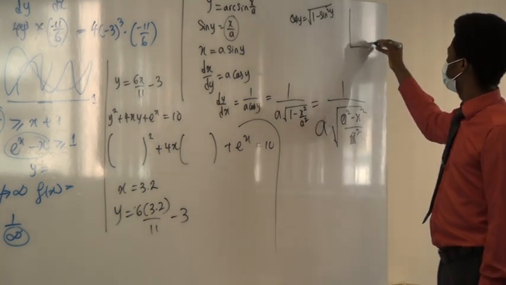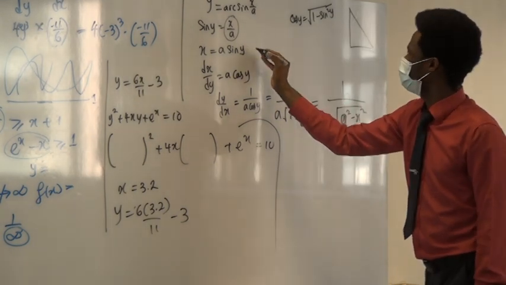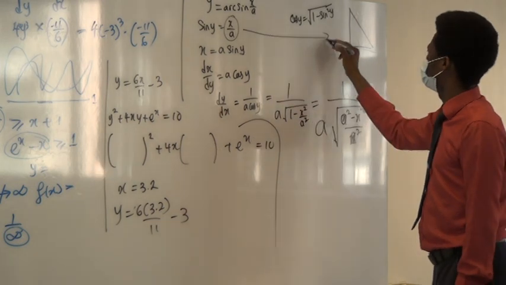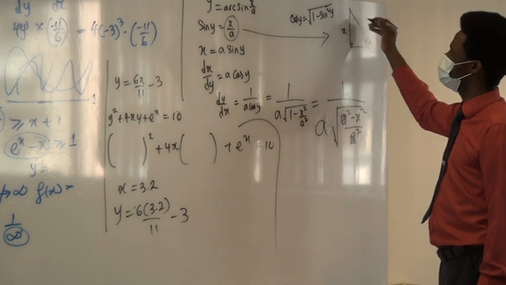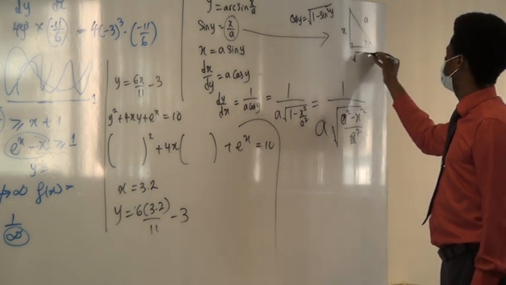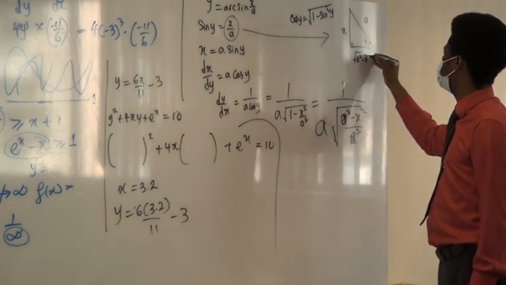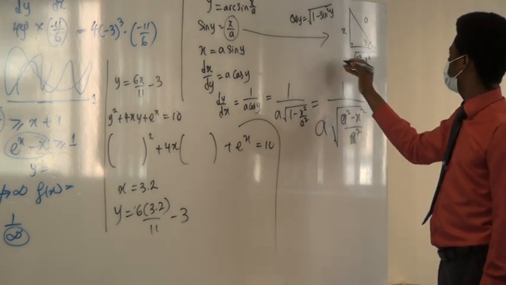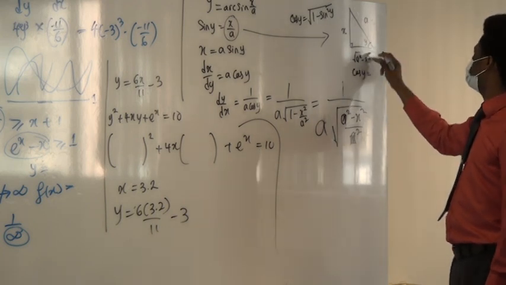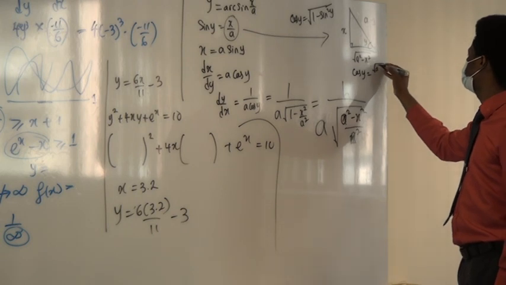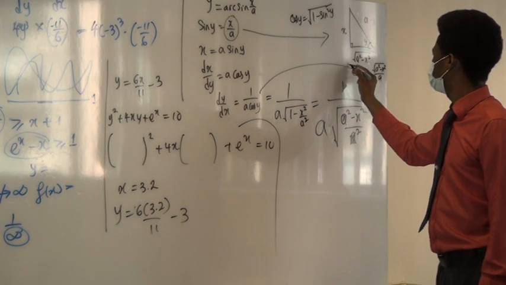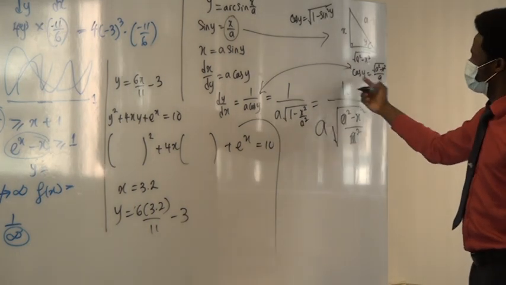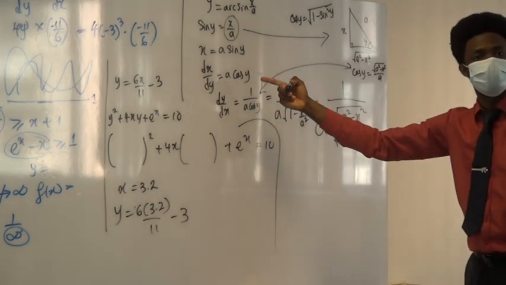Other people did this. From here, the angle is y, then this is x, and this is a. So that this is the square root of a squared minus x squared. And from here, cos y is adjacent over hypotenuse. So when you get to this point, if this is a denominator, it's going to be flipped.